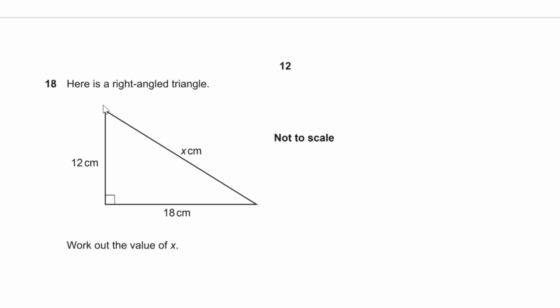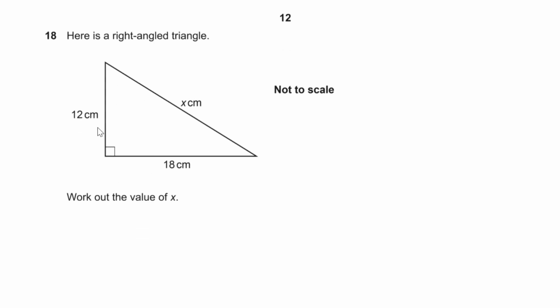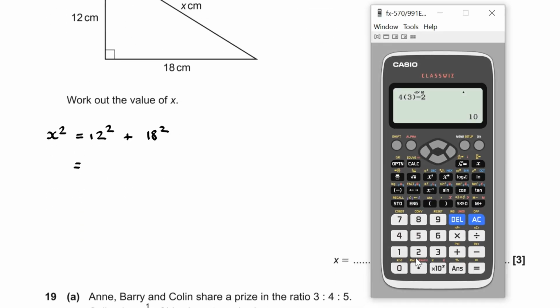Question number 18, here is a right-angled triangle. We've got side lengths of 12 centimeters, 18 centimeters, and x centimeters. We have to work out the value of x. Well, if we use Pythagoras, x squared is equal to 12 squared plus 18 squared, which is 468.